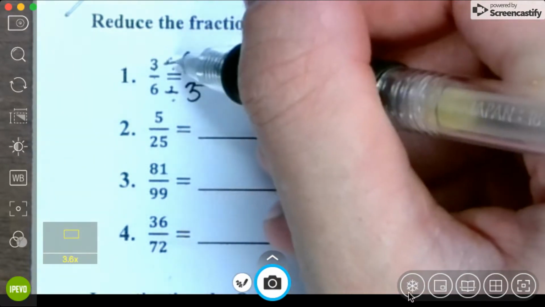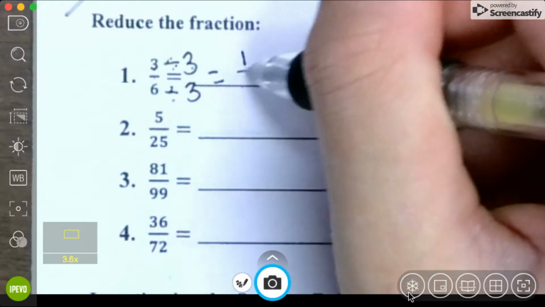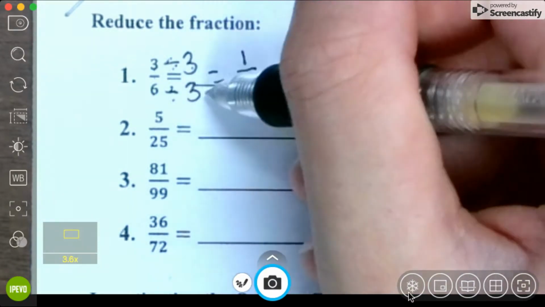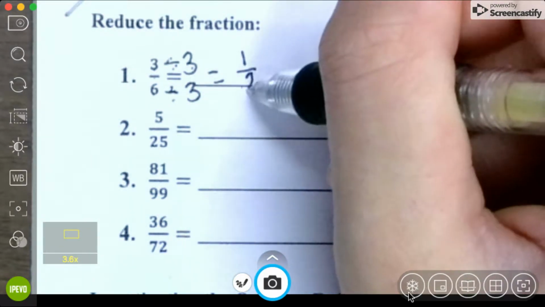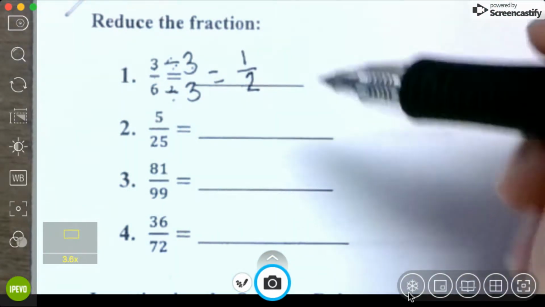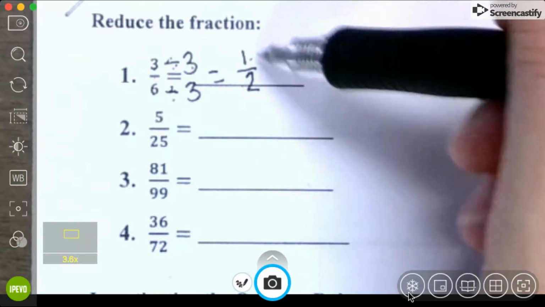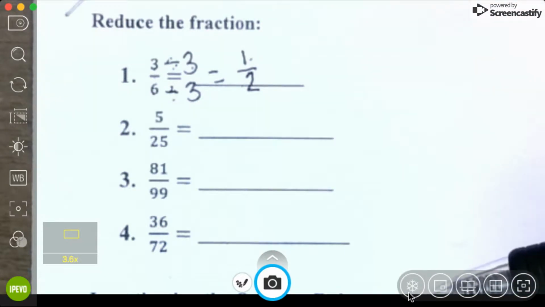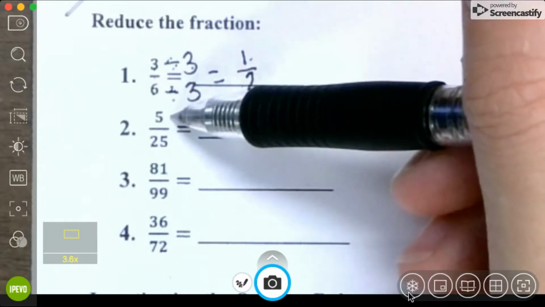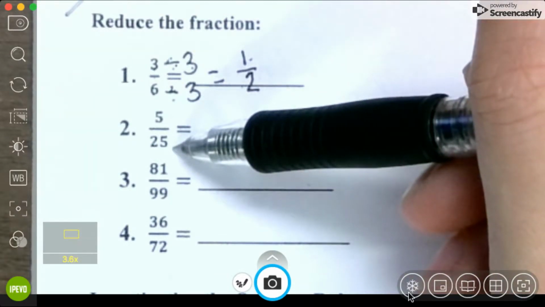So then I do 3 divided by 3 and I get 1. 6 divided by 3 and I get 2. I can't divide this any further. So that one's done. I have the fraction 5/25.